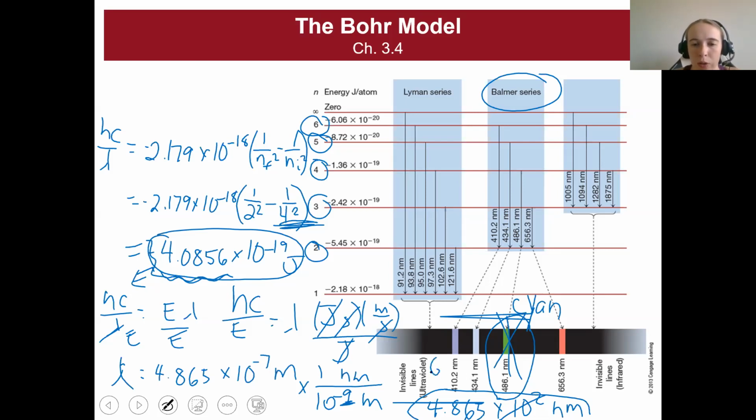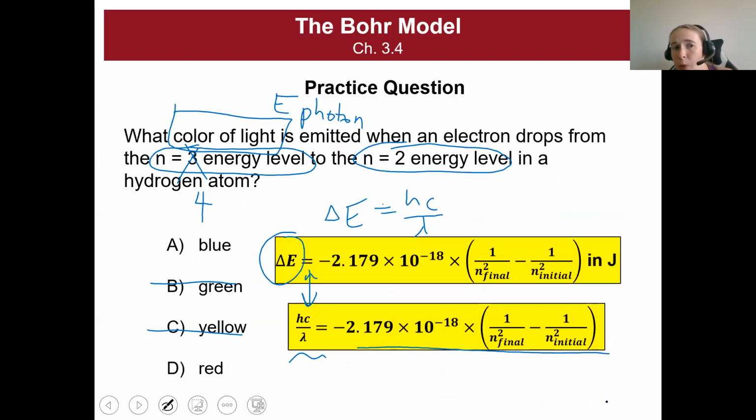So the purple line is 6 to 2. The indigo line is 5 to 2. The cyan line, which my image shows as green, is 4 to 2. And the red line is 3 to 2, which is the one that I was actually supposed to solve for in this problem. Sorry. So when we go 3 to 2, it's going to be red.